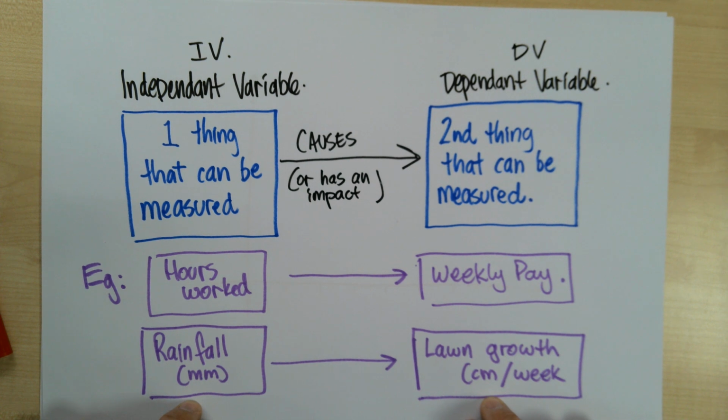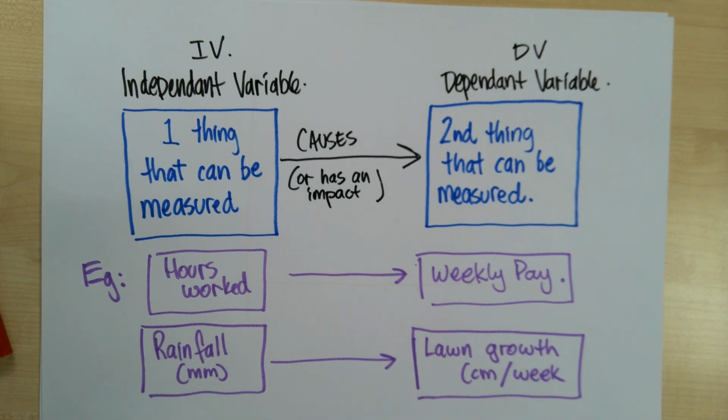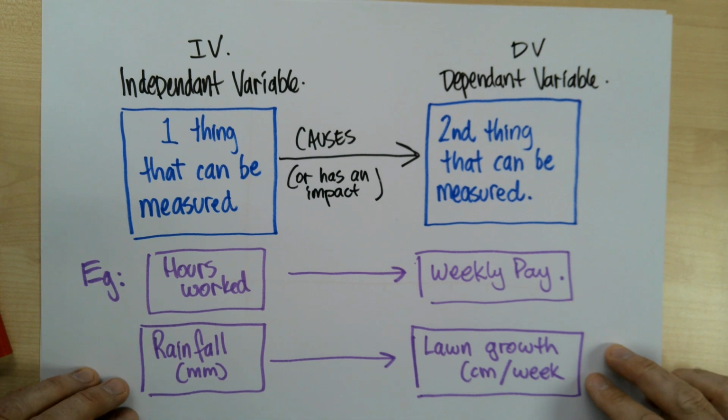If I said to you, because the lawn grew a certain amount, it automatically caused the rainfall, that doesn't make sense. Just from your experience in life, the grass growing a certain amount doesn't mean it's going to affect the weather patterns. But if we flip it around the other way, because it rained a certain amount, it caused a certain amount of growth, that makes sense. So just put it in a sentence and see if it makes sense.